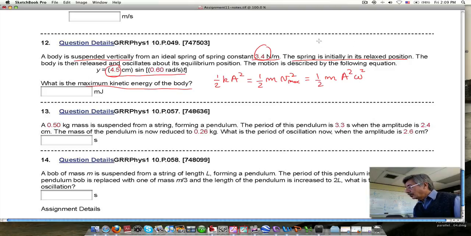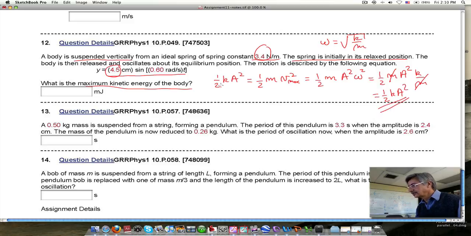But we also said that the angular frequency is the square root of k over m. So this is 1.5 m a squared omega squared, and omega squared is k over m. So the m cancels, and this is 1.5 k a squared. So this is the maximum kinetic energy, which is also the maximum potential energy. That was a little bit of review on energy.